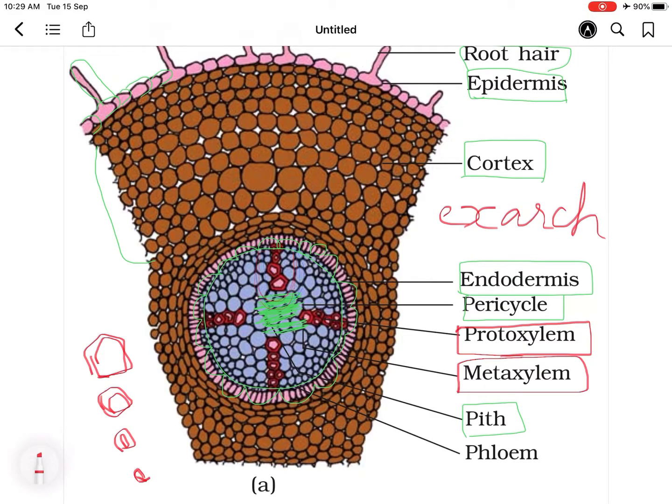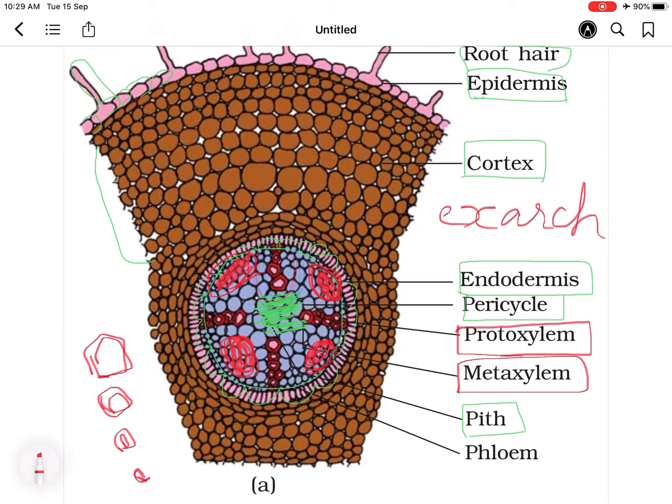Okay, and here between these xylem, these patches are showing the phloem location. So these patches of cells are showing the phloem part. Now if you consider the position of xylem and phloem, they alternate with each other, right?